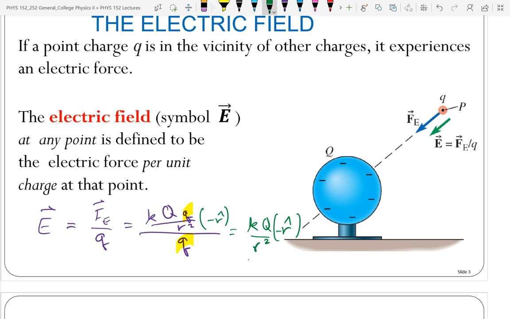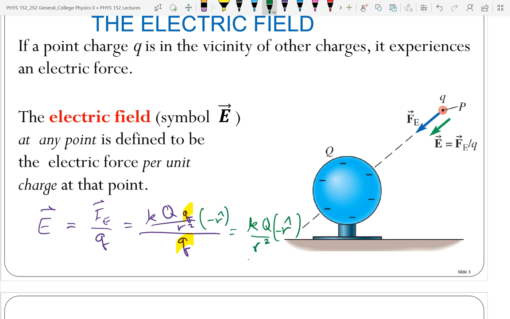So now with the electric field, we do exactly the same thing. If I have some charge, here's a charge of 120 microcoulombs, I just say, okay, 120 microcoulombs times the electric field here gives me the force, magnitude and direction. But there is an important difference that I didn't talk about.